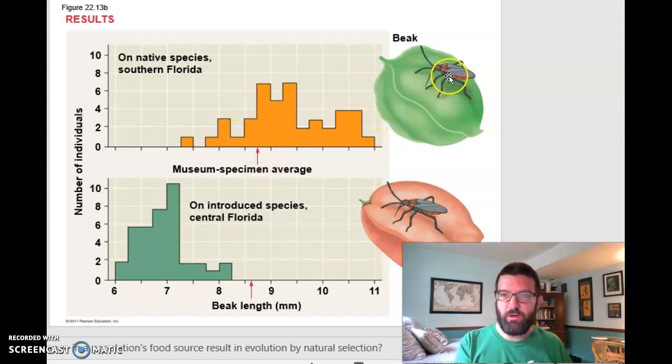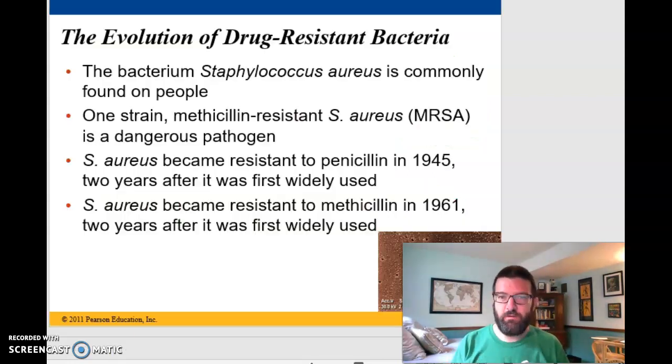Because they tend to be working on these thick fruits. Over just a few decades, if you look at the current average, it's much, much shorter because now this introduced berry has taken over. Their beaks don't need to be as long, and long beaks take energy to produce. And so you've seen evolution before your very eyes.